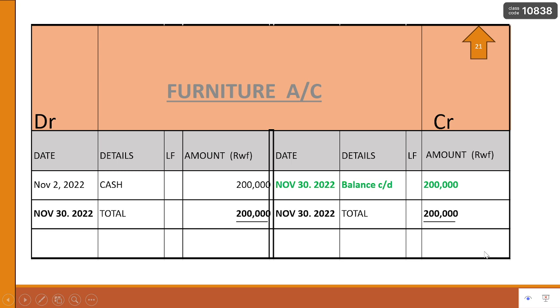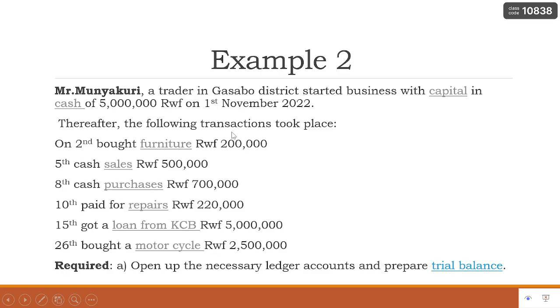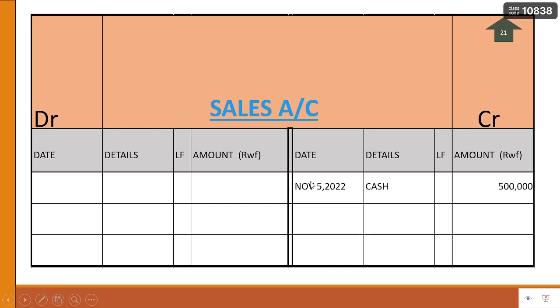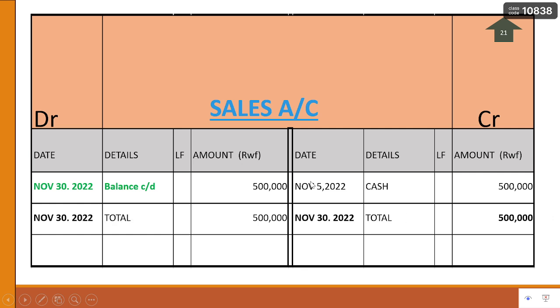It is a debit balance. After furniture, we go to sales. We balance it off at 500,000. We draw two parallel lines, and the balance brought down is this.